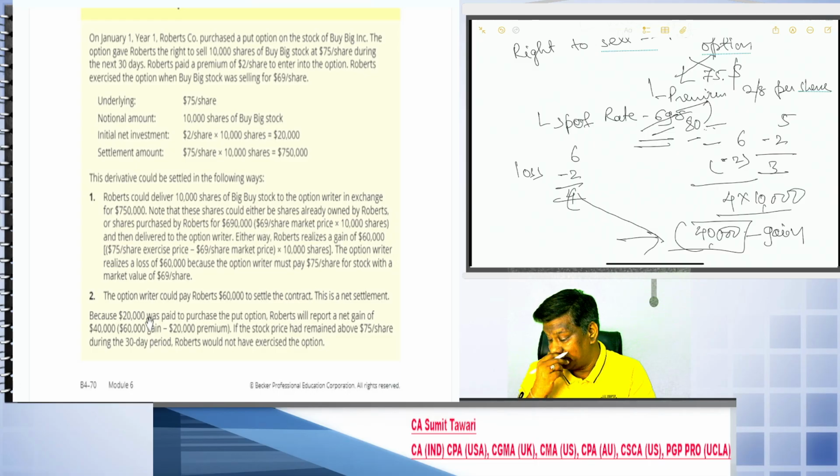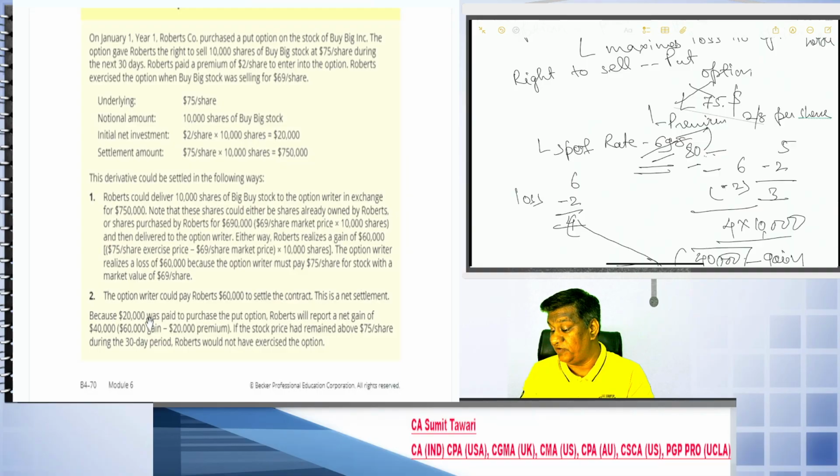But if the share value is 80 rupees after 1 month, can Robert do the call option, right? He can buy more shares. No, he doesn't have a call option. He has the put option only.